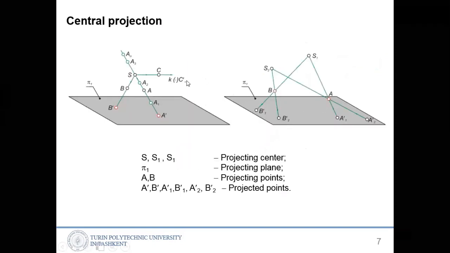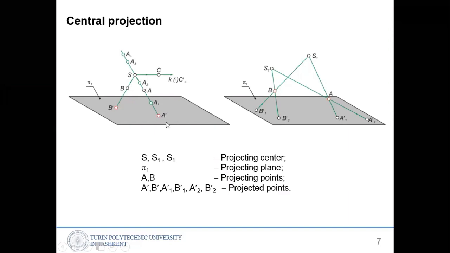Another example: the central point is the projecting center, and point B is projected as B dash onto P1. And on the other side, points A1 and A2 are projected as A dash.